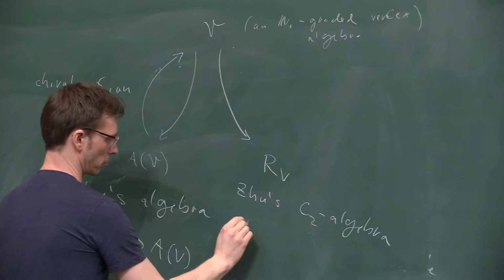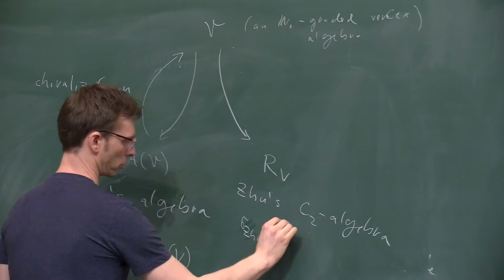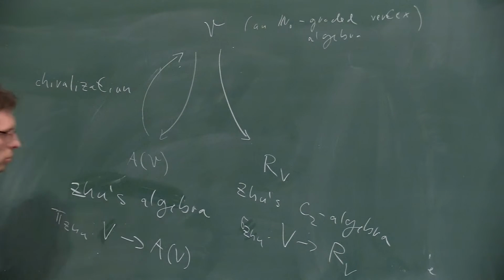There is also a mapping, which I will denote by sigma, going from the vertex algebra to this Zhu's C2 algebra. This algebra is a Poisson algebra, and because it's commutative, we can assign its spectrum and maximal spectrum.